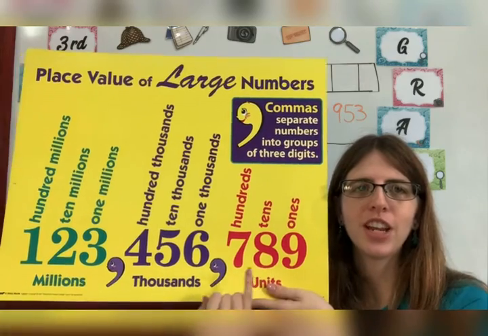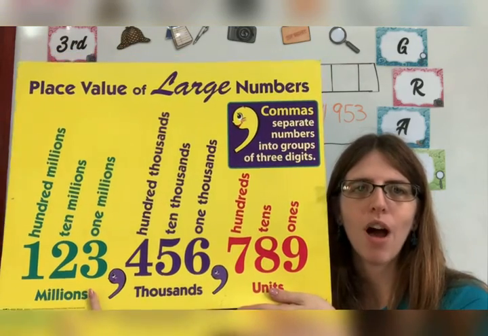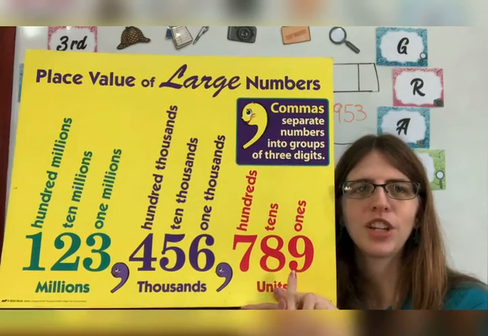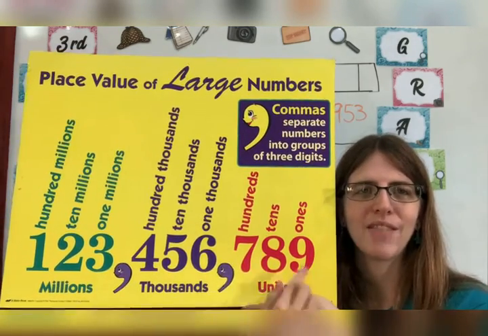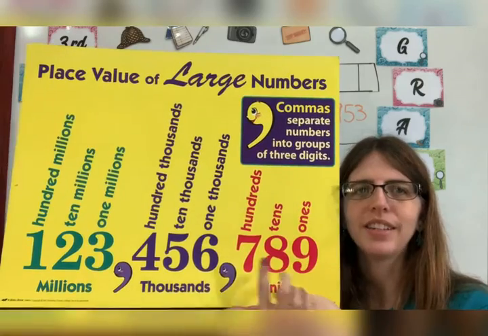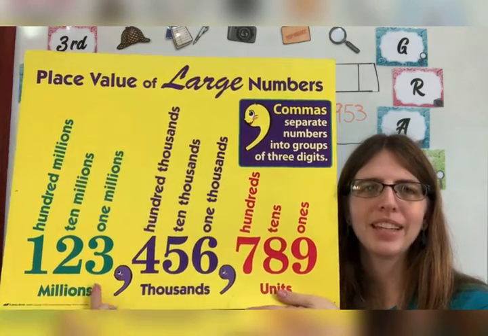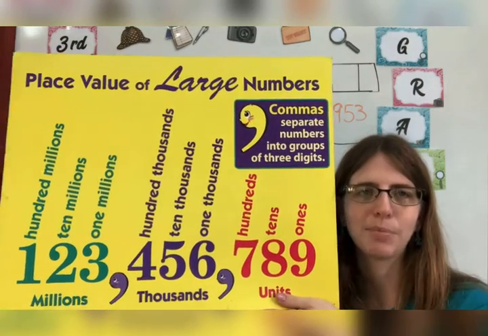So the first digit in my third group will have 1 in the front of it, because remember, the first digit in every group starts with 1. It's 1 and then the name of the group. So this one's just ones, because this group doesn't really have a name. This one is 1,000s. This one, since my group is millions, is 1 millions place.